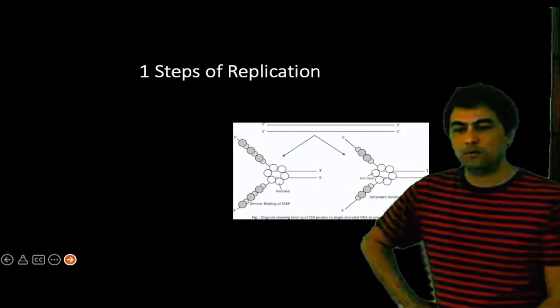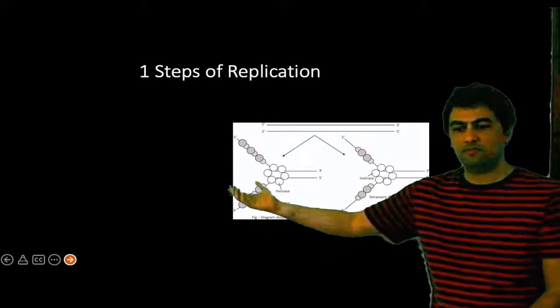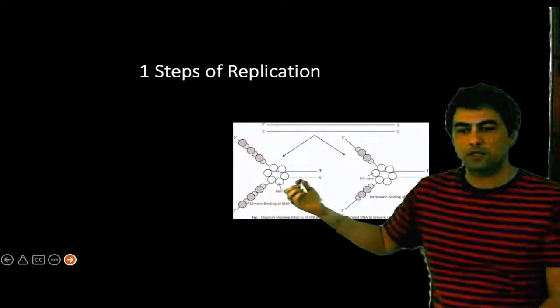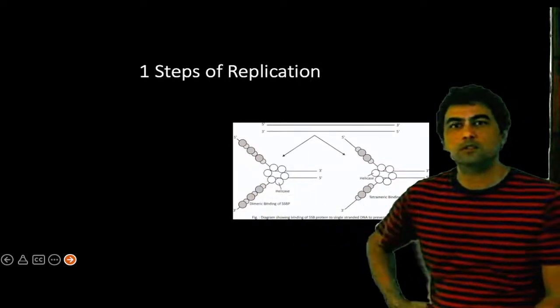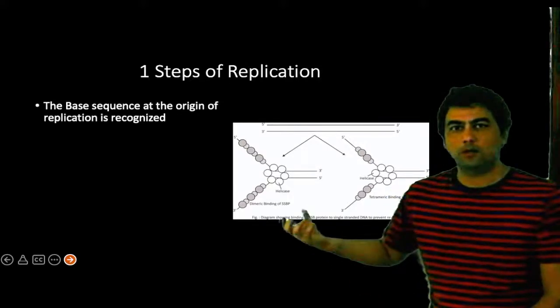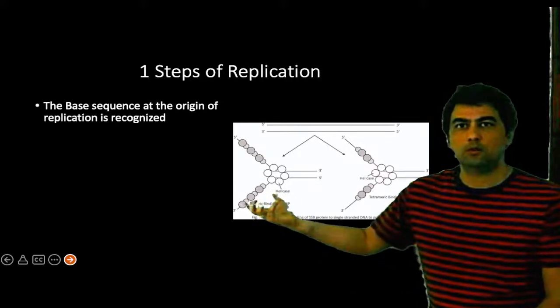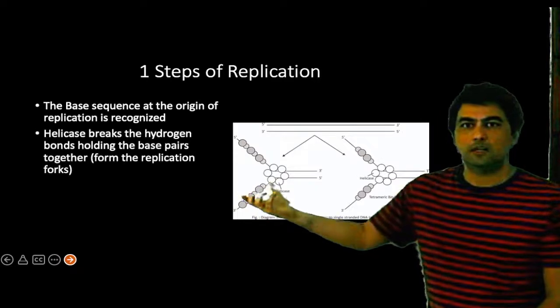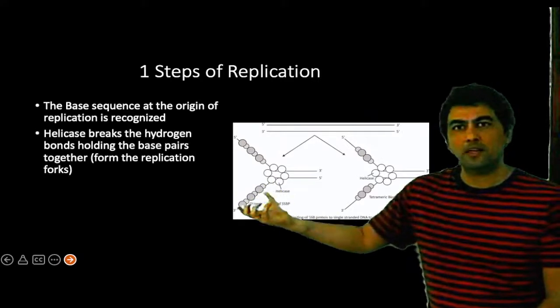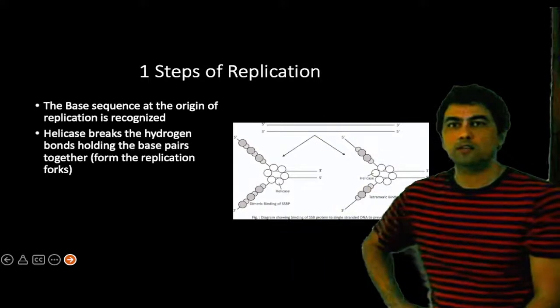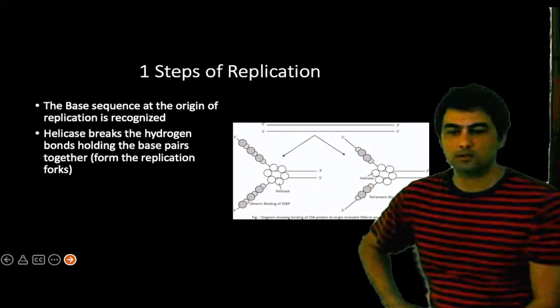Steps of replication. The first one is made by helicase. This is a protein which, after recognition of the site of replication, breaks the hydrogen bonds holding the base pairs together, forming the replication forks.